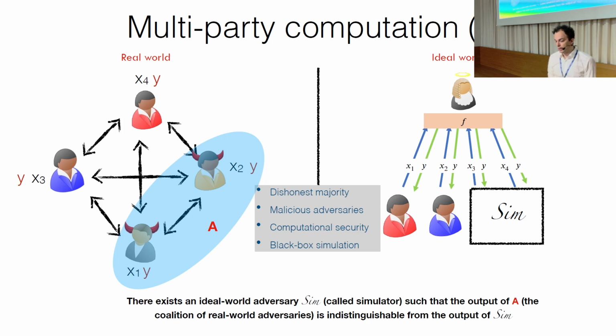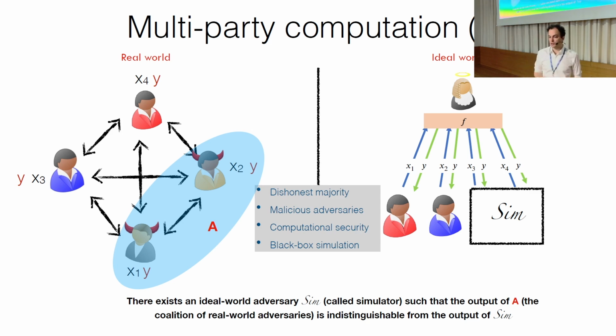As you can see, the simulator issues some x3 and x4 and receives back the output of the functionality, which is y. If we really want these two things to be indistinguishable, then whatever the adversary uses as input for the corrupted Alice and Bob, the simulator should be able to use exactly the same input. That is one main task the simulator should be able to do.